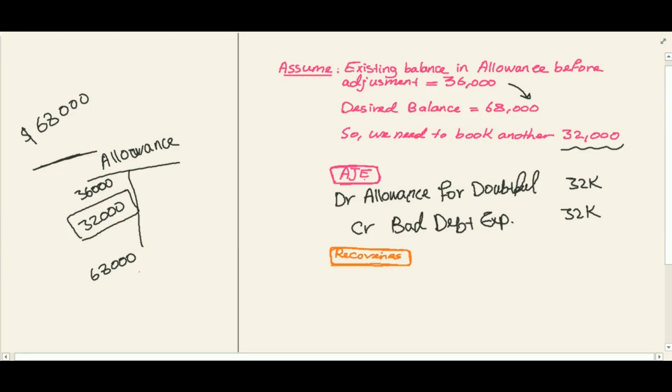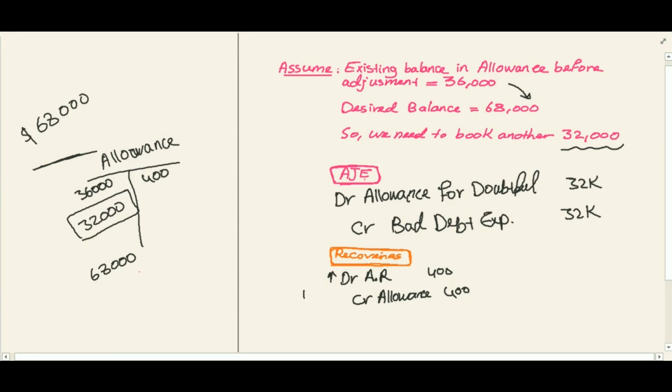We have two journal entries. First, we will debit accounts receivable by the $400, and you will credit the allowance account by the 400. So we'll decrease allowance, here we have a credit, and we will increase accounts receivable.